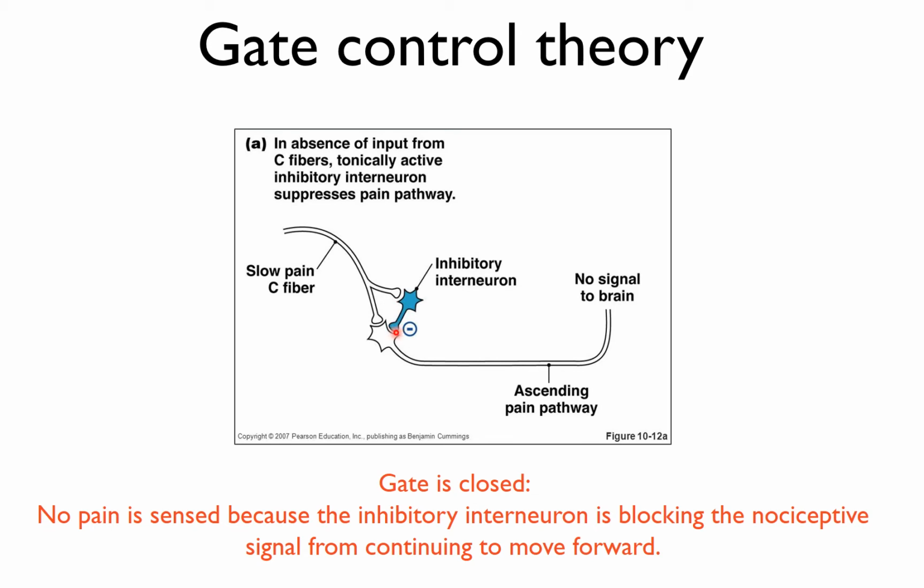Glycine is released from its presynaptic side, crosses the synaptic cleft, and then is going to get taken up on the postsynaptic side, but since it's inhibitory, of course, this secondary sensory neuron is also deactivated because not only is there an inhibitory interneuron acting on it, there's no activity coming in from the C fiber because we're not in any pain. So in this case, if this inhibitory interneuron is functioning, it's kind of like the gate. The gate is closed here. There is no getting into the backyard, you could say.